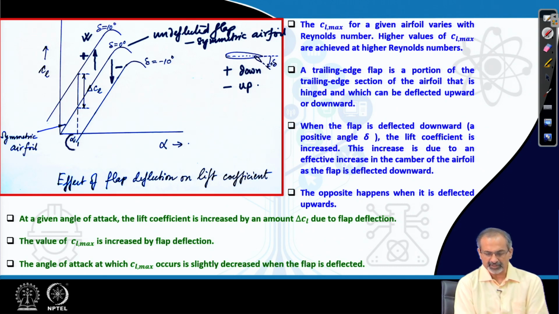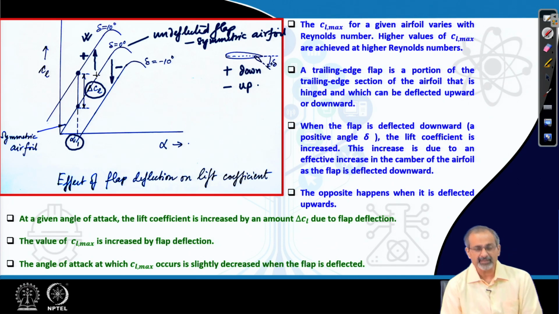So, if you are looking at a particular angle of attack in an undeflected position, this is the CL that it is generating. In a deflected position, in the positive sense, there is an augmentation of the lift by so much. That is essentially the effect of the lift augmentation due to deflection of the flap.